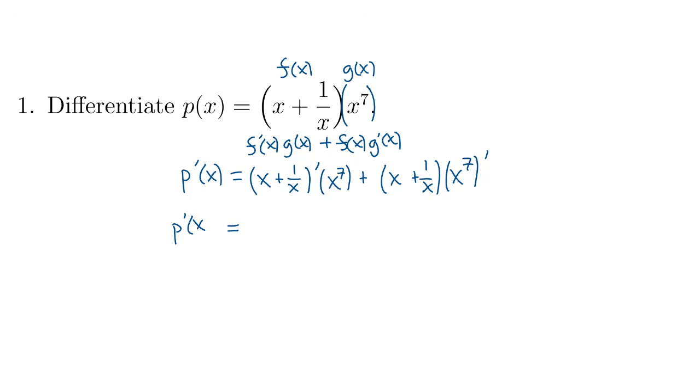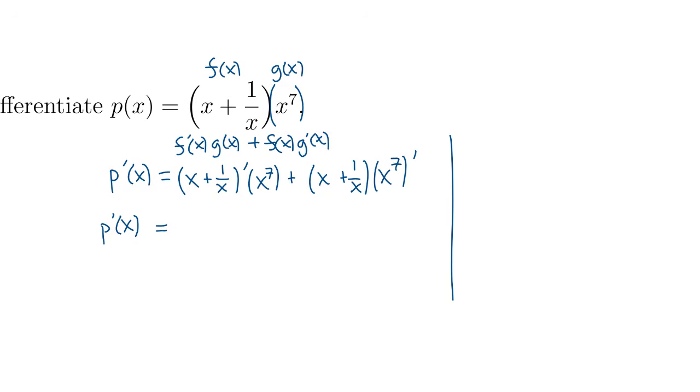So once we have that, we need to get rid of all those primes by taking derivatives. Now, the term x plus 1 over x, you may want to rewrite as x plus x to the negative 1. That's because 1 over x to any power is simply x to the negative power.